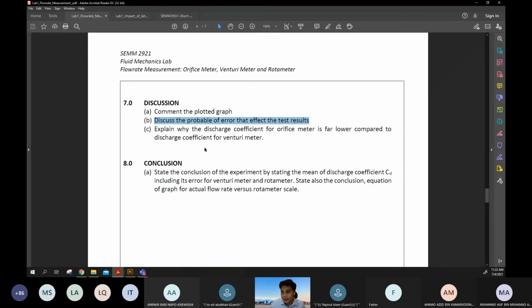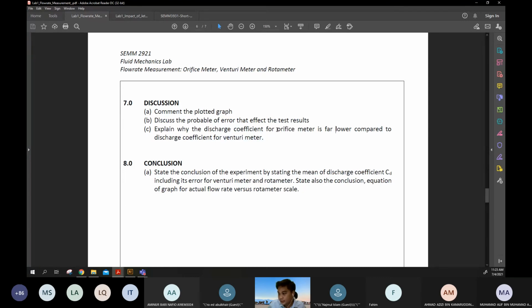And explain why the discharge coefficient for the orifice meter is far lower compared to the Venturi meter. You need to explain it in terms of cross-sectional area. The cross-sectional area of the orifice meter is increasing, this one is decreasing. Definitely the flow rate, the velocity, will be higher from here.